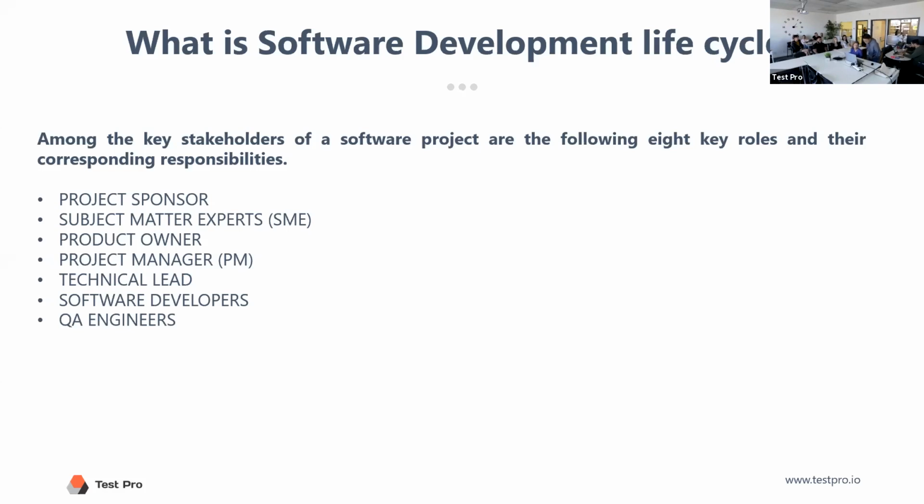QA engineers also monitor and maintain after product release. Yes, they do monitor and have a maintenance role when the product is released. Actually, this process is always going on. It's not that you release the product and forget about it. No, most companies release constantly. Let's open your phone.